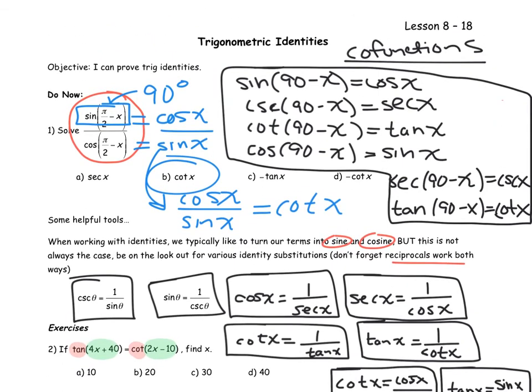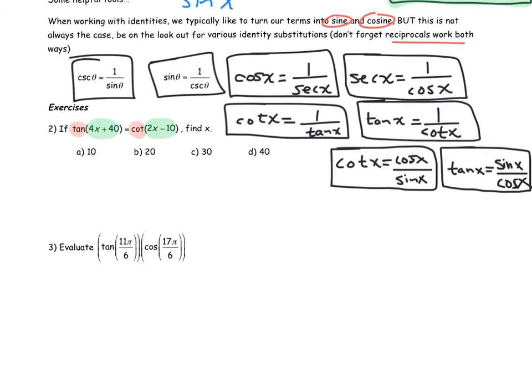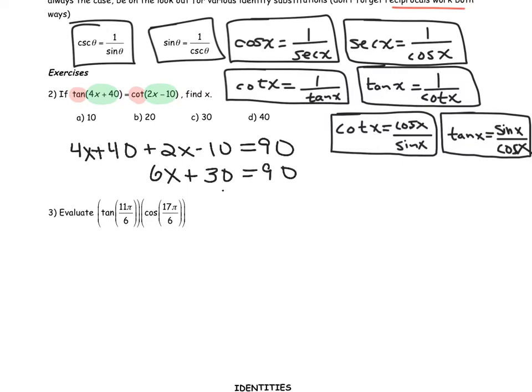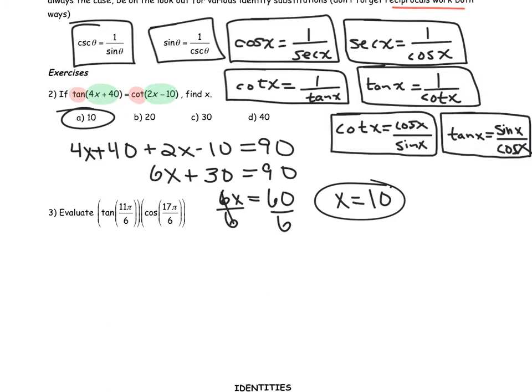So I have 4x plus 40 plus 2x minus 10 all equal to 90 degrees. Combining like terms, I have 6x plus 30 is equal to 90. I'll get 6x equals 60 and x equals 10. So x is going to equal 10, answer choice A.